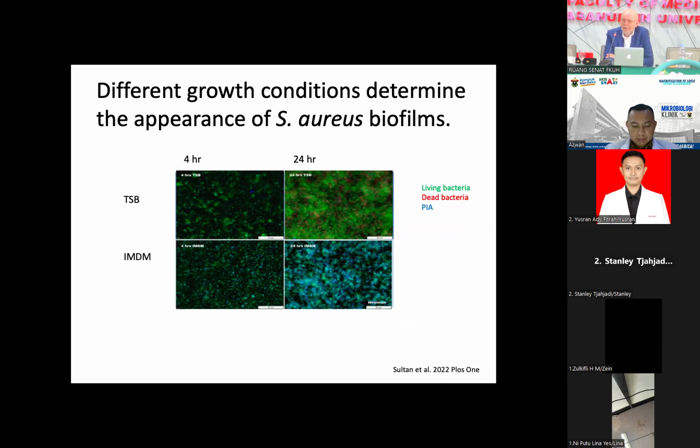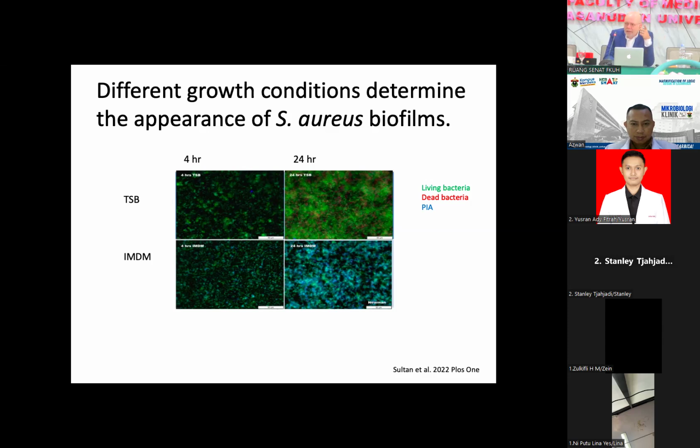And when you add a lectin, which binds to the polyacetylglucosamine, then the bacteria will turn blue. In this bacterial growth media, even after 24 hours, you can see a nice biofilm formation, but no N-acetylglucosamine.